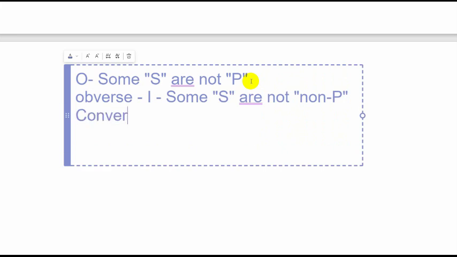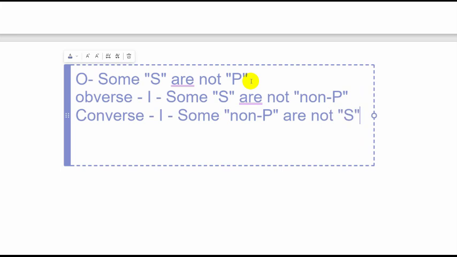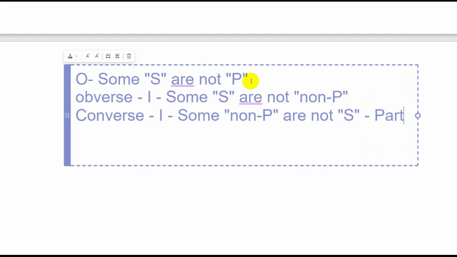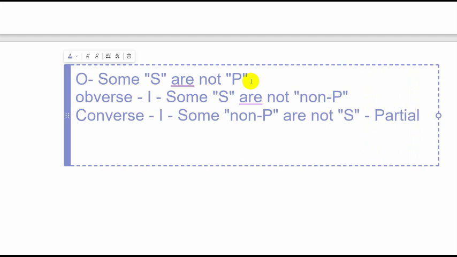We now do its converse. Converse of I is I only. So some, now in a converse we have to interchange the subject and the predicate. So some non-P are S. Now we get our partial contrapositive.